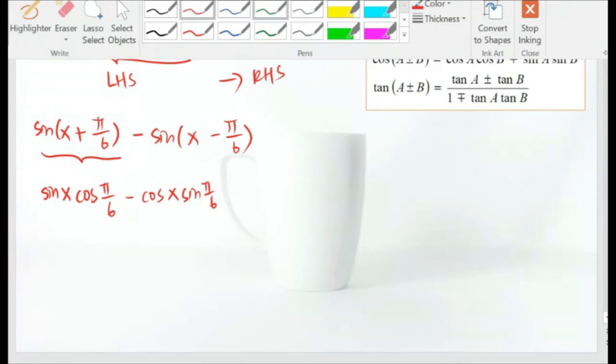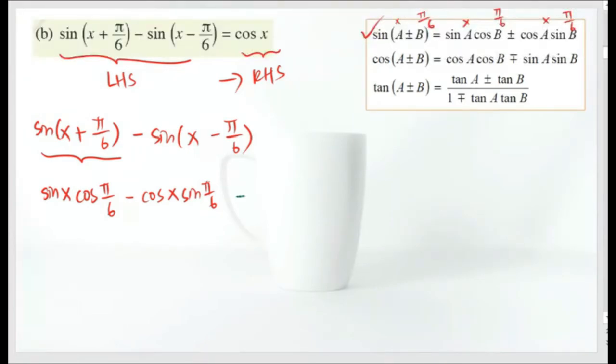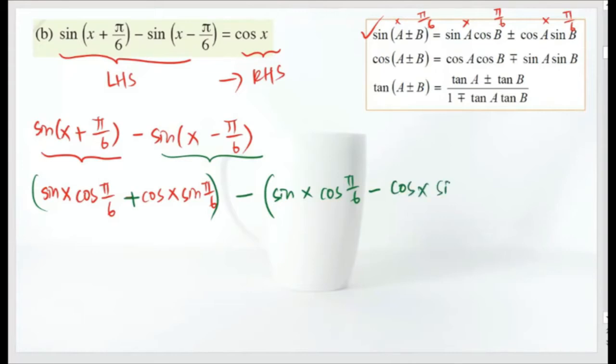Then we have another part, minus from the first part. Now the second part, minus sine x minus. Oh, sorry, just now it's plus, so it's plus. So now it's minus sine x minus pi over 6. Same thing again, sine x cos pi over 6, but now negative, so we use negative cos x sine pi over 6.